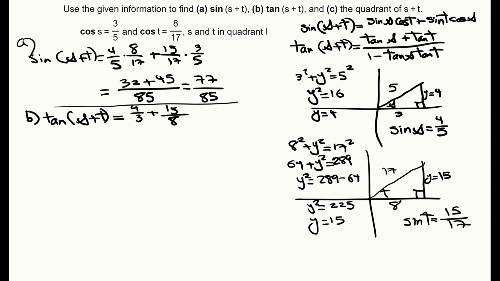Over, let me actually move this down a bit so our expression looks proper. Over 1 minus tangent of s, which we found to be 4/3, times tangent of t, which we found to be 15 over 8.